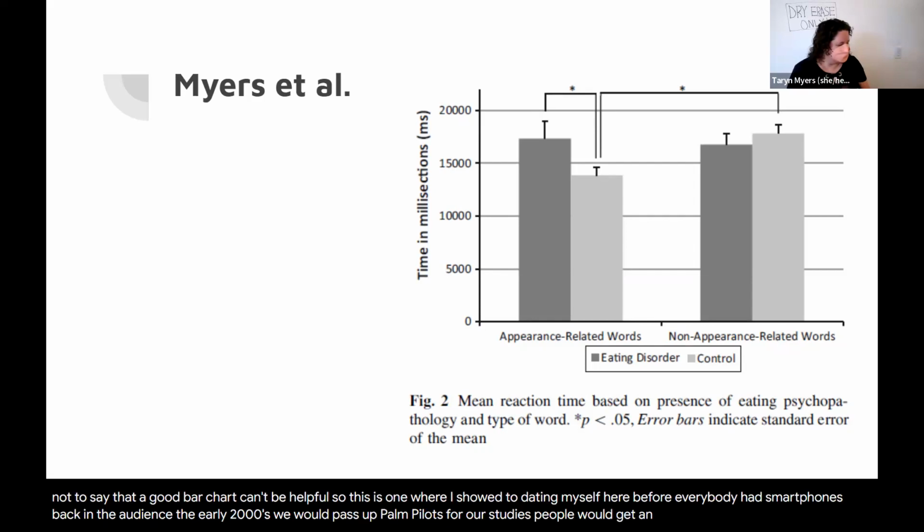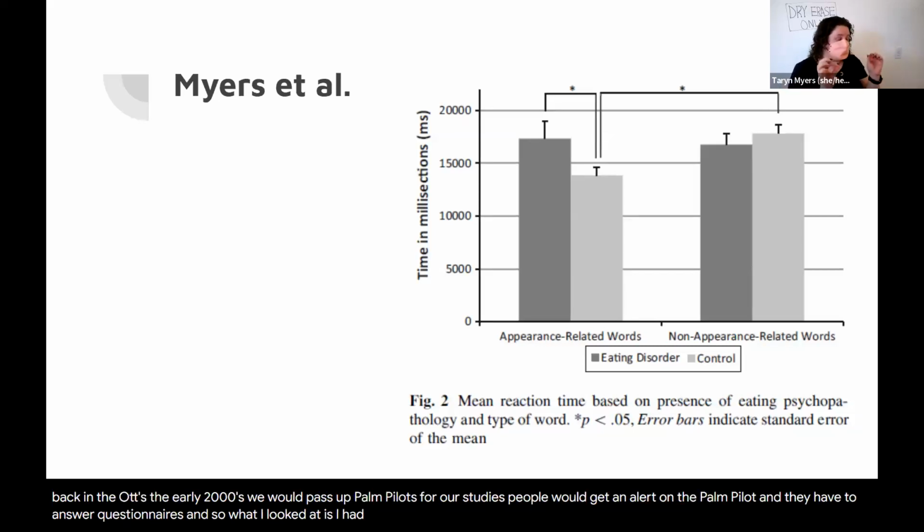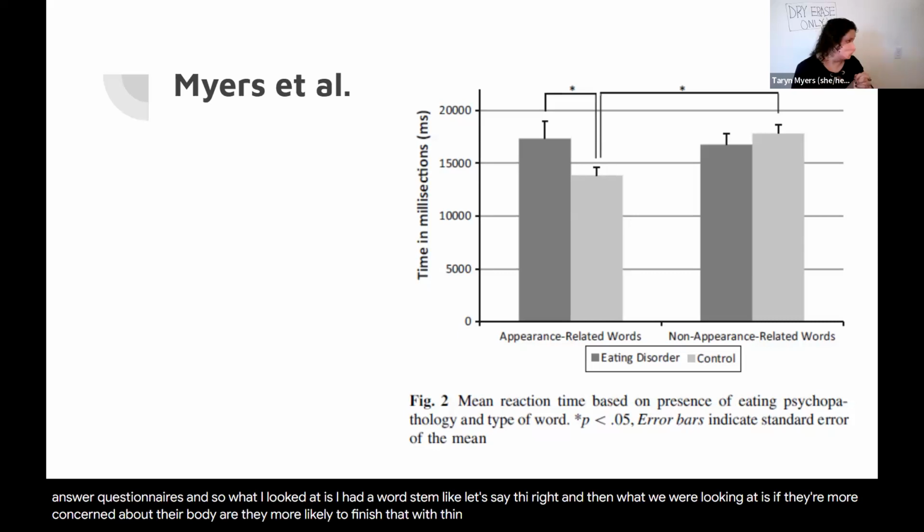People would get an alert on the Palm Pilot and they'd have to answer questionnaires. And so what I looked at is I had a word stem, like let's say THI, right? And then what we were looking at is if they're more concerned about their body, are they more likely to finish that with thin, right?